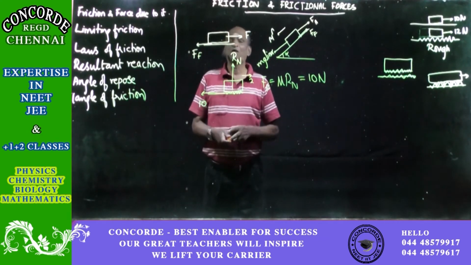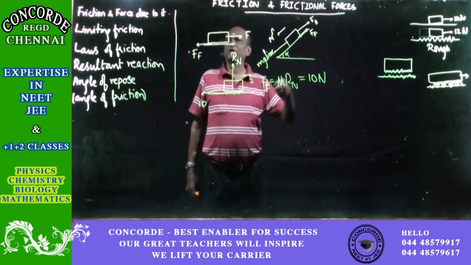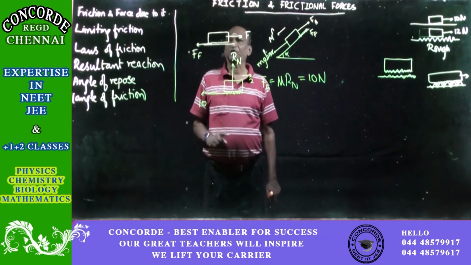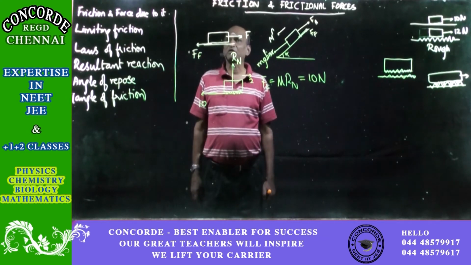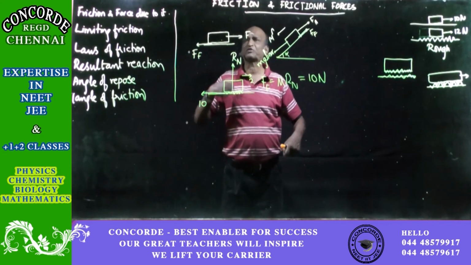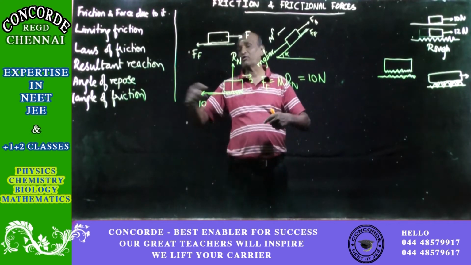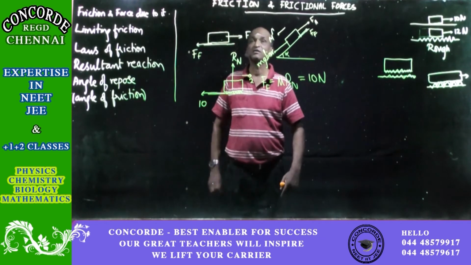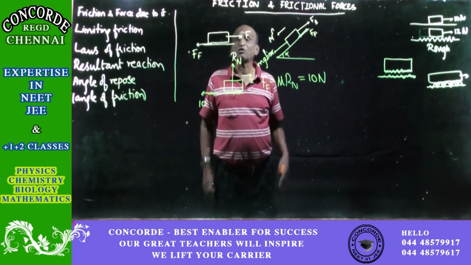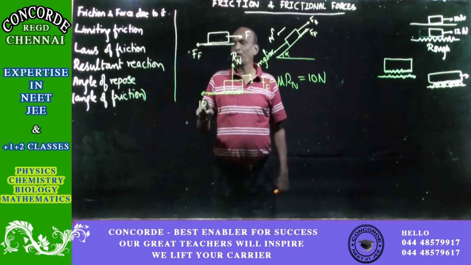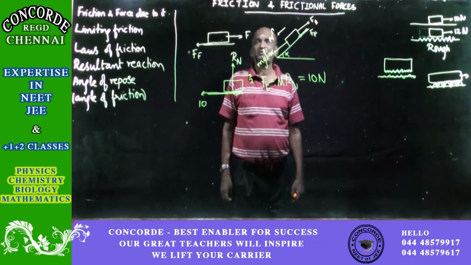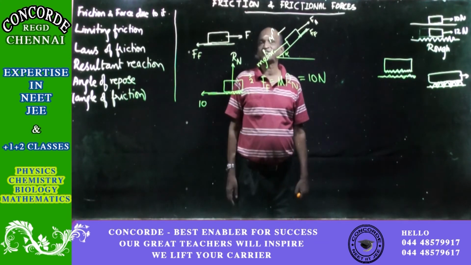So, when I apply 2 Newton force, and according to you the frictional force will be equal to 10, how is it possible that I apply 2 newtons and opposing force which is generated in the natural way will be equal to 10, say? It means that if you remove the force, no force is acting, then frictional force will move the body in the opposite direction. Is that possible? Then there will be no body at rest.